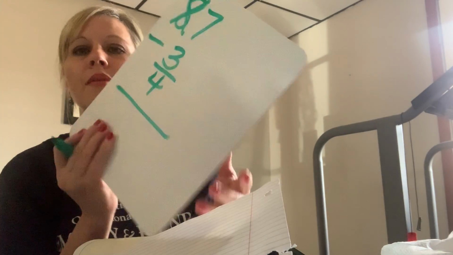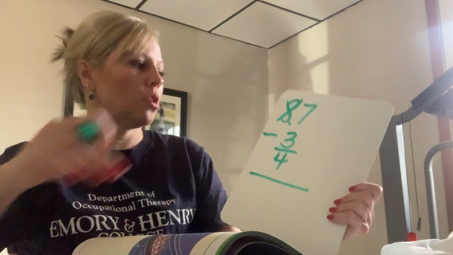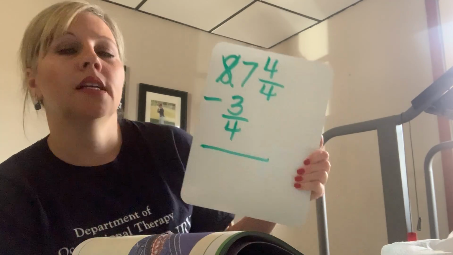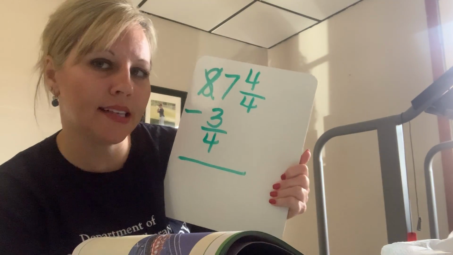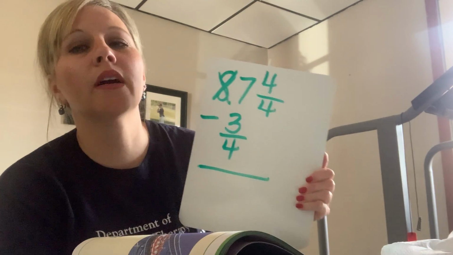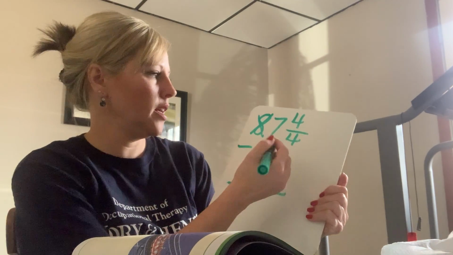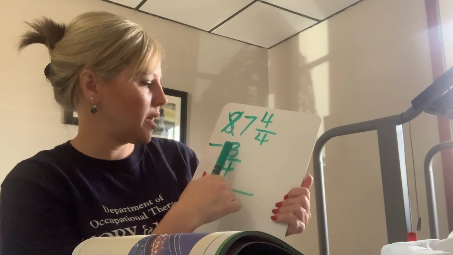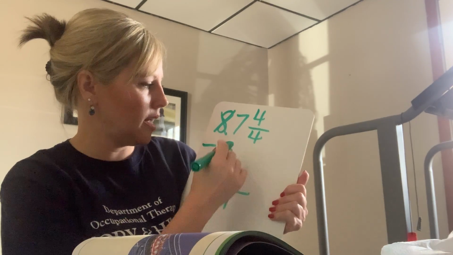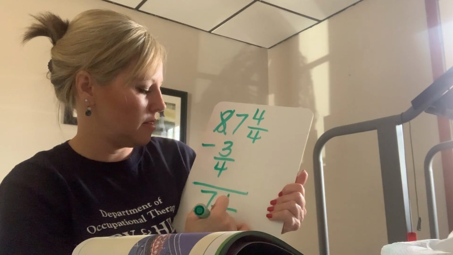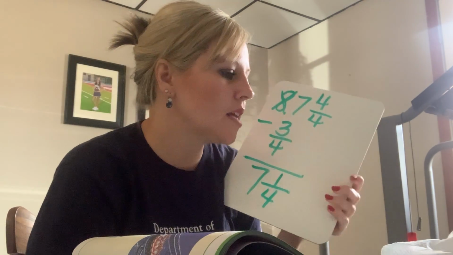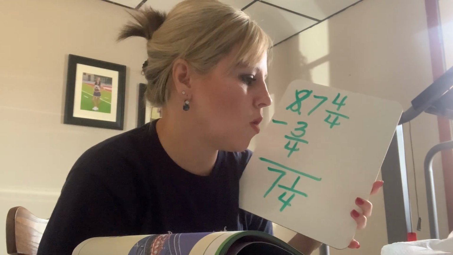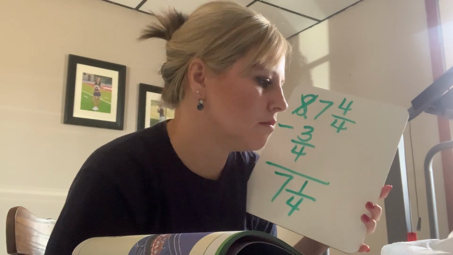Since we have the denominator of 4, we're going to use 4/4 up here. 7 4/4 is the same thing as 8. Now we're going to take away 3/4. Okay? So 7 minus nothing would be 7. 4 minus 3 is 1. And our denominator stays the same. So 7 1/4. Right?